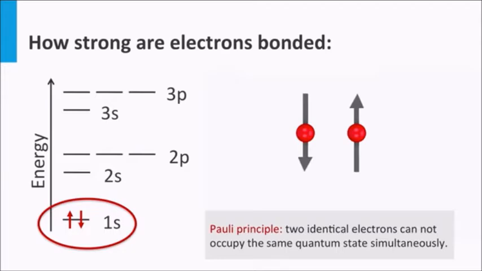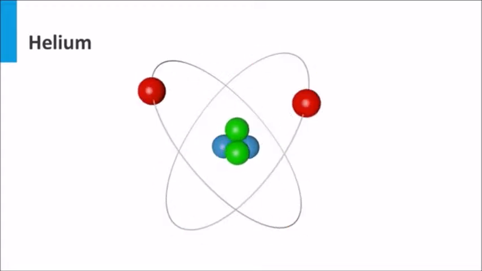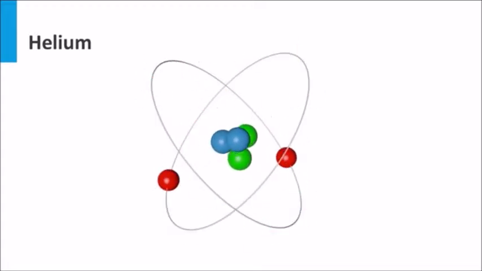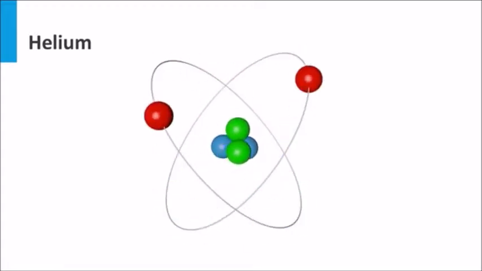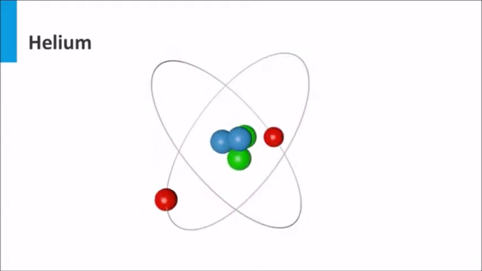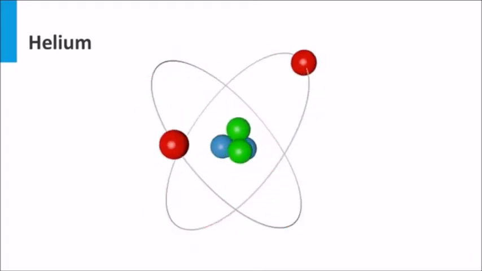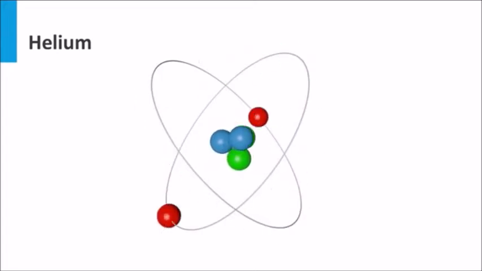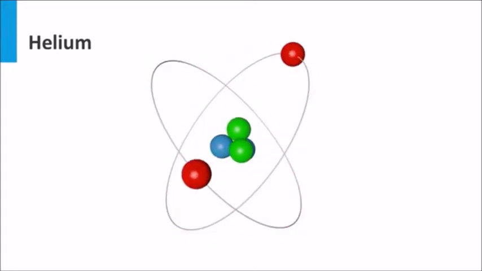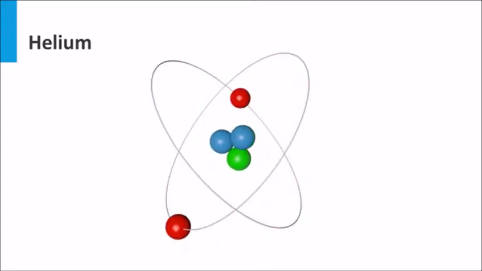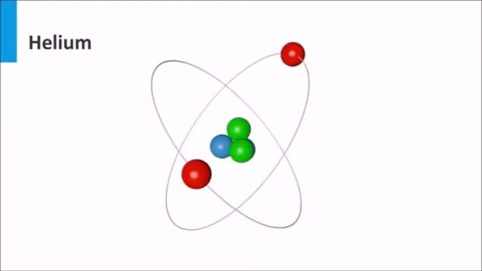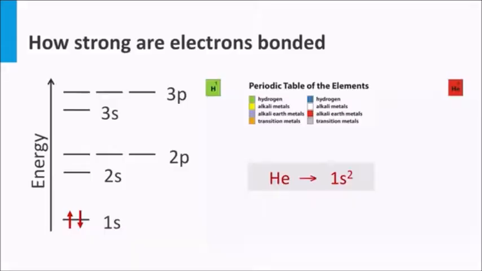Using this knowledge, let's consider the next element in the periodic system, the helium atom. In its nucleus, it has 2 protons and 2 neutrons. Since neutrons do not have a charge, the charge of the nucleus is determined by the 2 positively charged protons. Around the helium nucleus, 2 electrons are in orbit.